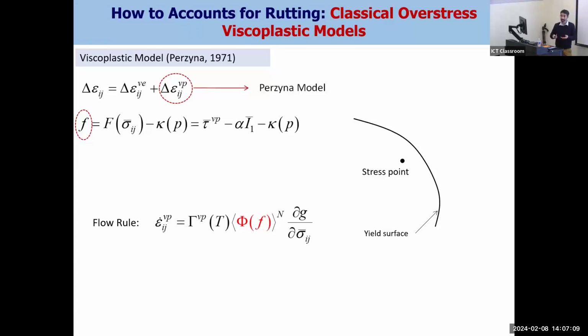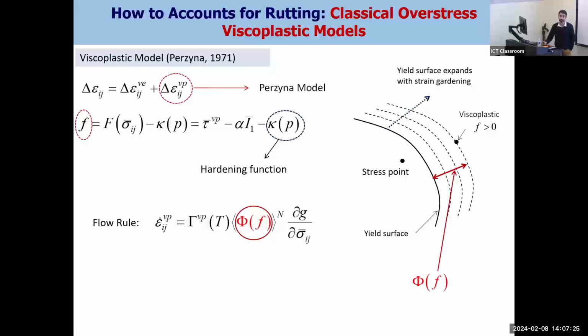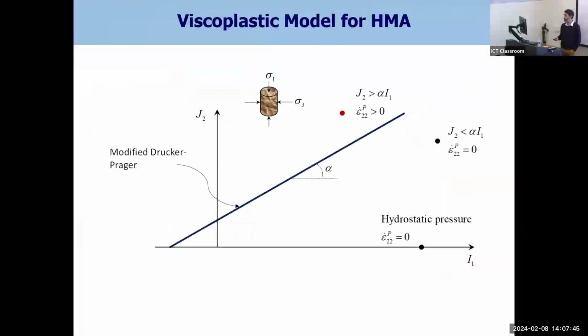As the stress increases and goes outside the yield surface, we will have a hardening function that is going to expand and reach that point. So Perzyna type models are based on what we call the overstress function, which is the distance between the stress point and the yield surface. The larger the distance, the higher the increment of the plastic strain. So we basically get our plastic strain based on that.